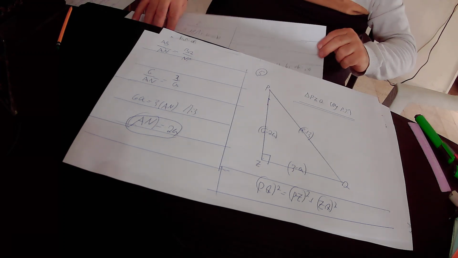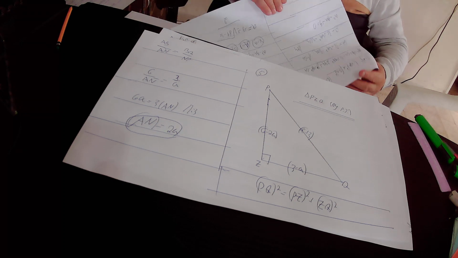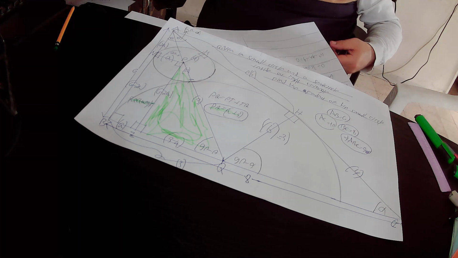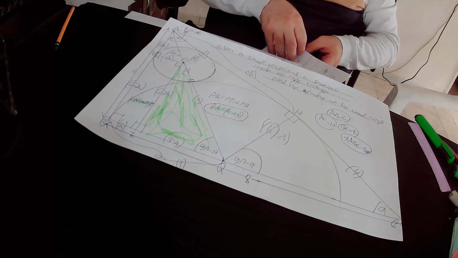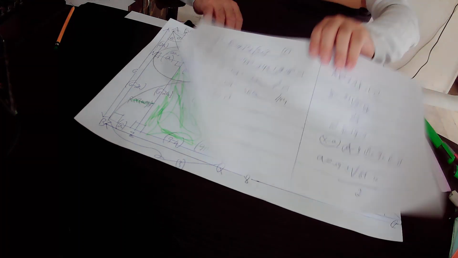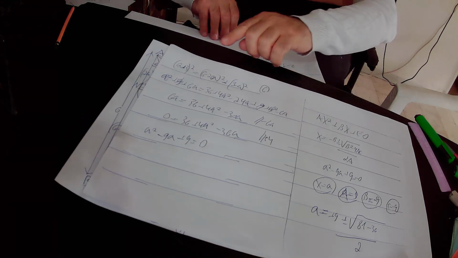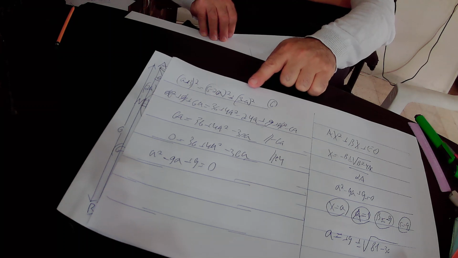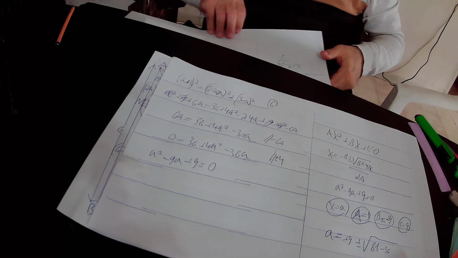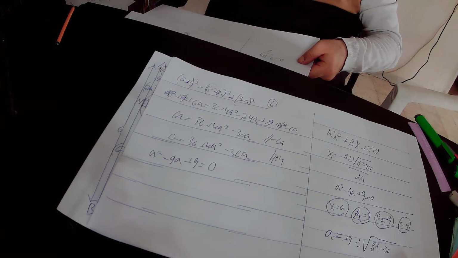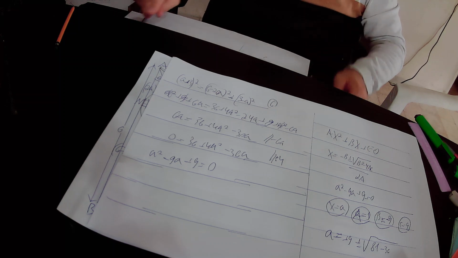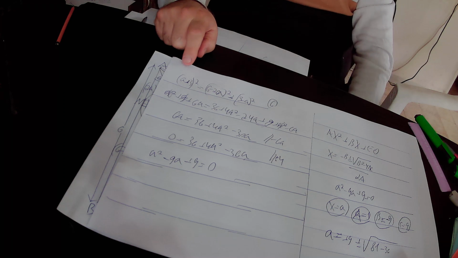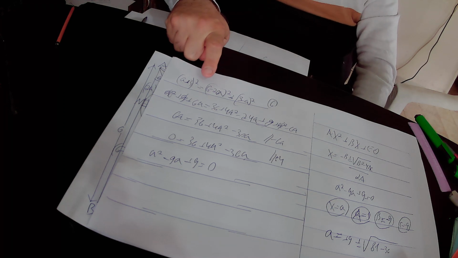So in conclusion, I shall find out that (A plus 3) square equals (6 minus 2A) square plus (3 minus A) square. We open the brackets on both sides of this equation. (A plus 3) square equals A square plus 3 square, that is 9, plus 2 times A times 3, that is 6A.